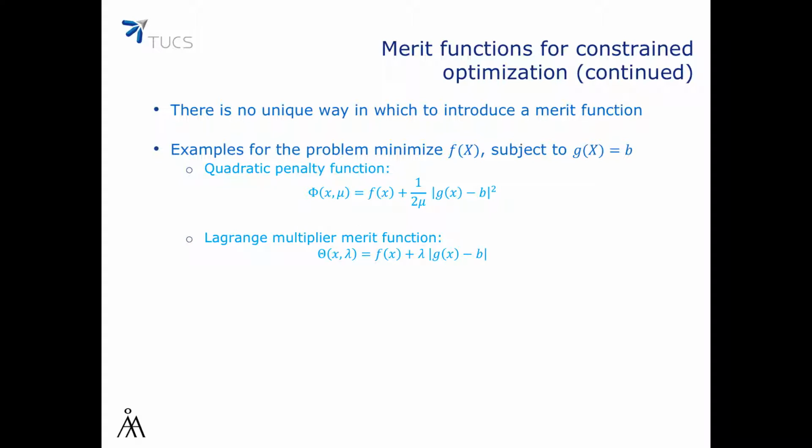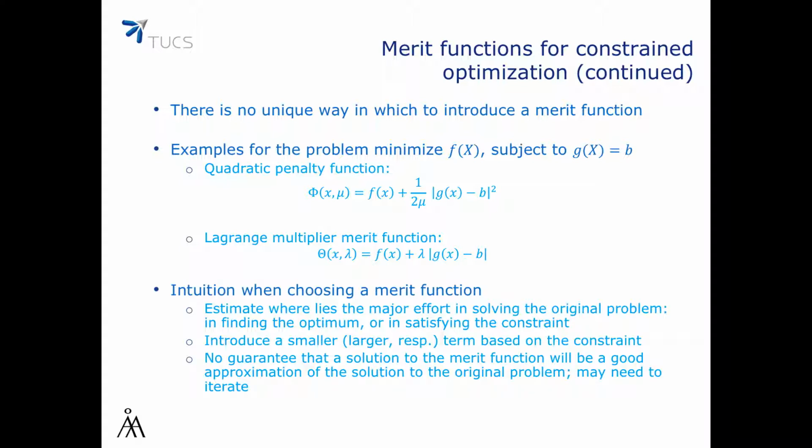Or there could be something based on a so-called Lagrange multiplier merit function, which is again f of x plus the deviation of g of x from b, which is the modulus of g of x minus b, and sometimes we might even multiply that with some constant lambda to make it stronger in this merit function.